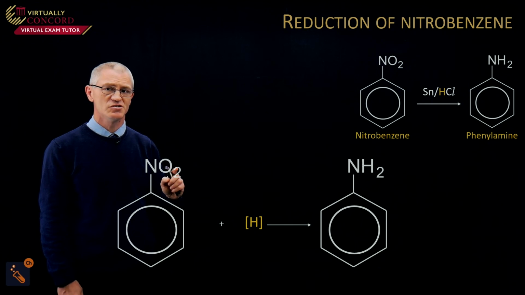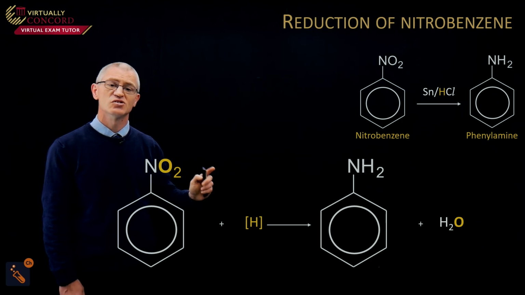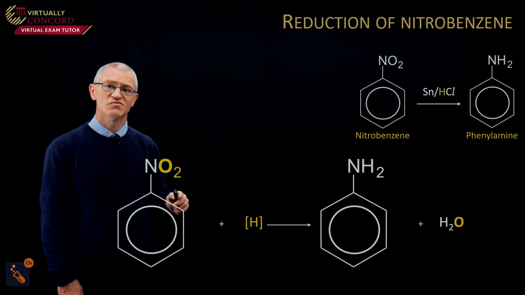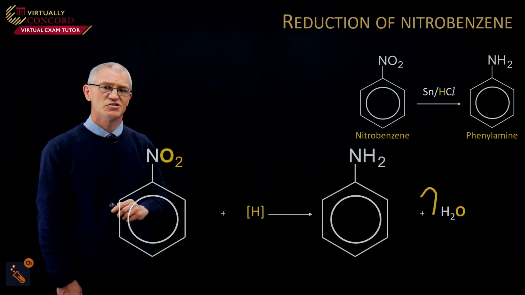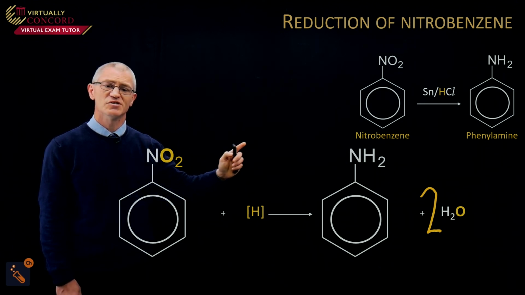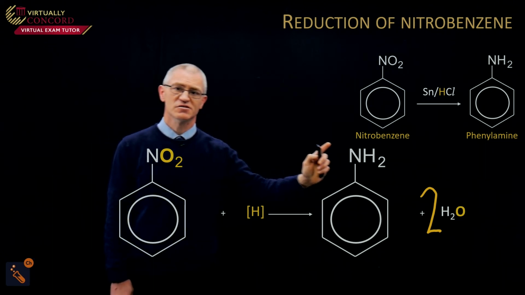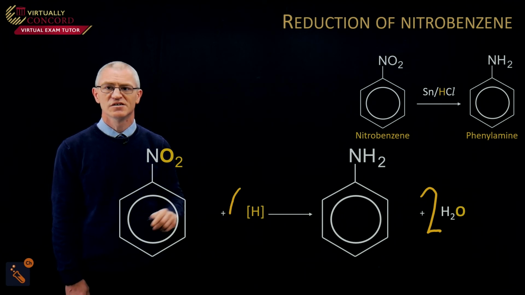When you reduce oxygen, you make water, and that is why you are going to make water as a product. But remember, there are 2 oxygens, so therefore I have 2 waters. That's really, really important here. So there's your 2. And then all you do is count the number of hydrogens that have been added. There's 2 on the amine here, and there's 4 there, which means the number here, 2 plus 4, is going to be 6.